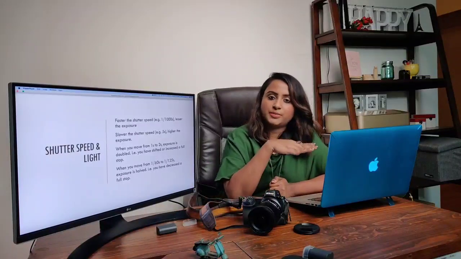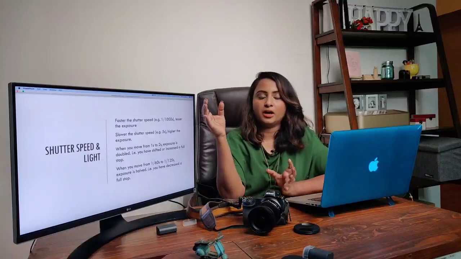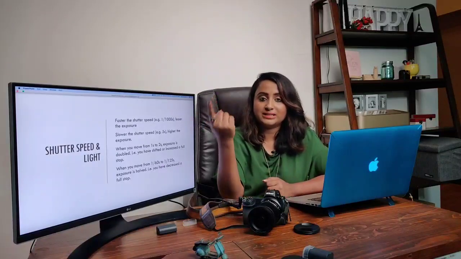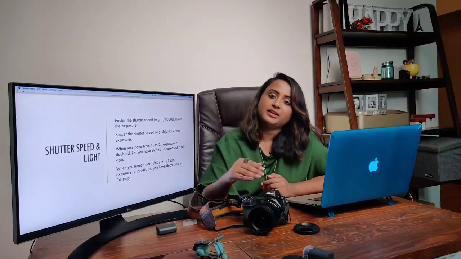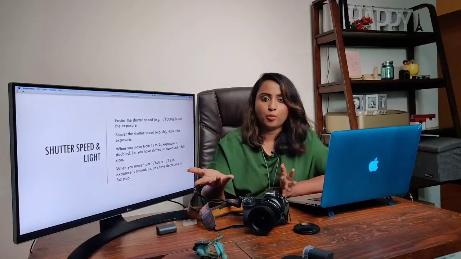Whereas slow shutter speeds would be when you have a longer exposure, like 1 second, 2 seconds, 4 seconds, anything like that. So what's fairly straightforward is if your shutter speed is really fast, obviously the light entering your camera is really low, and if your shutter speed is really slow, as in really long, then the light entering your camera is a lot more. So that's pretty straightforward.